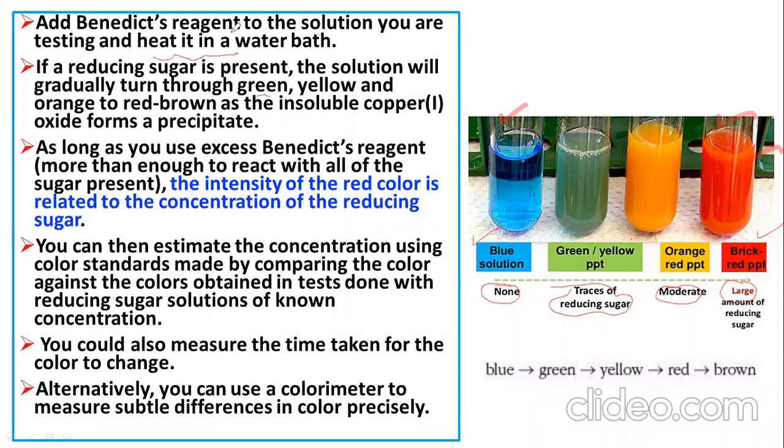All right. So, this is just for your information, how we will compare our experiment. The first thing is that you can also make a standard before performing the experiment. You have a known quantity of glucose in tubes and you have already done the Benedict test for that.